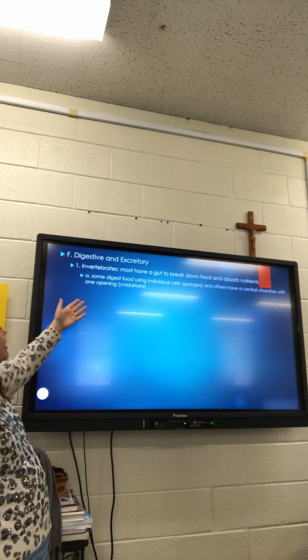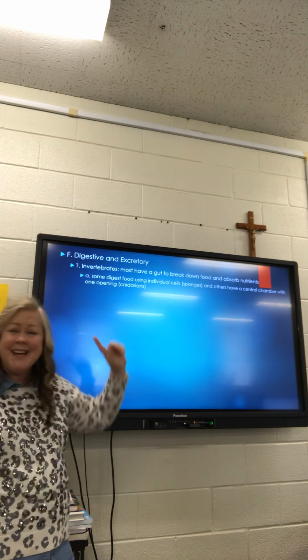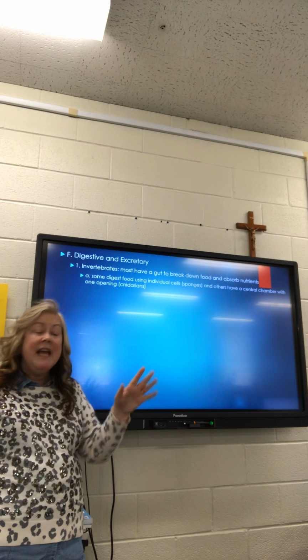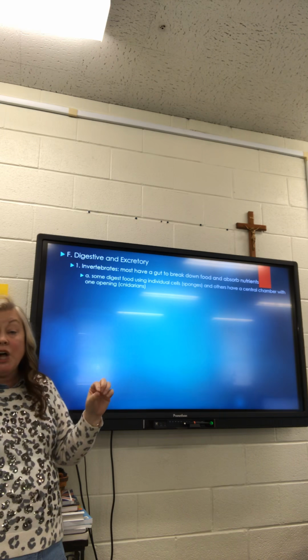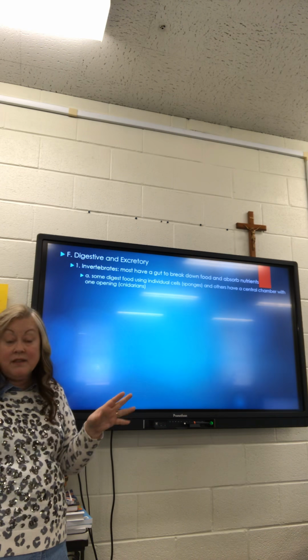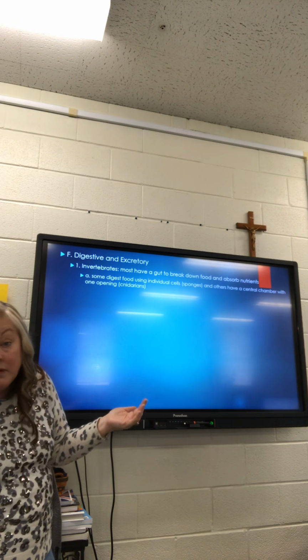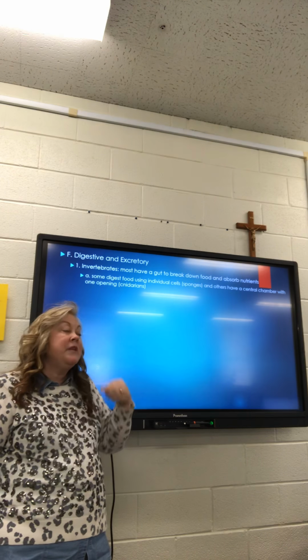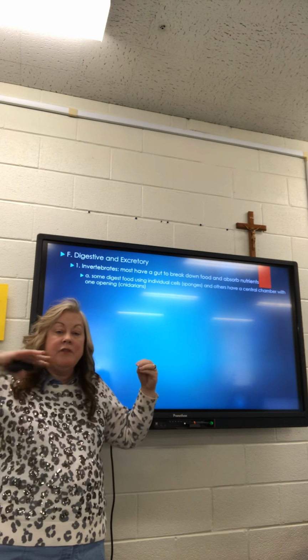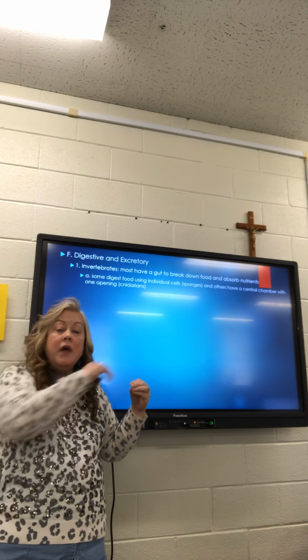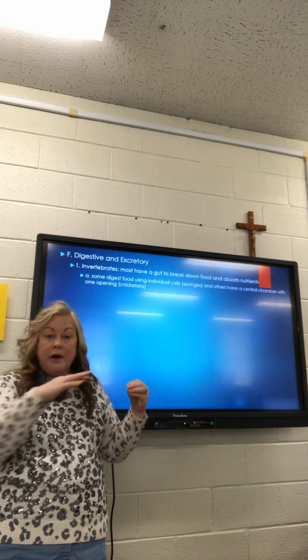Some invertebrates digest food using individual cells. Again, sponge, so simple. We're going to talk about these things called amoebocytes and collar cells. They're called collar cells literally because they look like they have a collar on them. These collar cells have a flagella, and the flagella helps to draw the food in with the water.